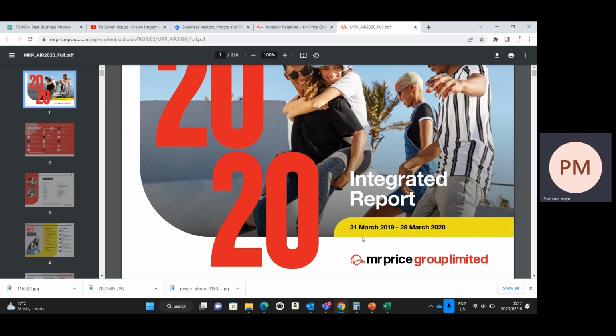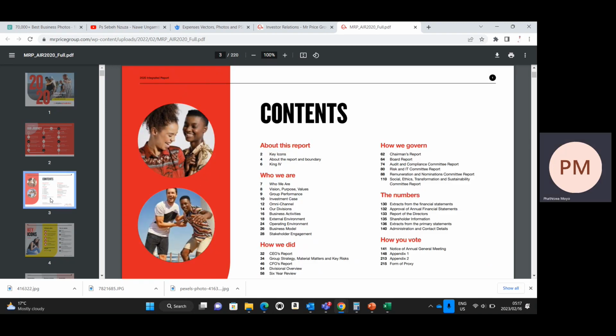Let's just assume, because I want this to be very simple, not work with prior year and current year, their financial year is January to December. Even though we know it's March, I just want you to get the concept. So Mr Price is selling clothes and all that.